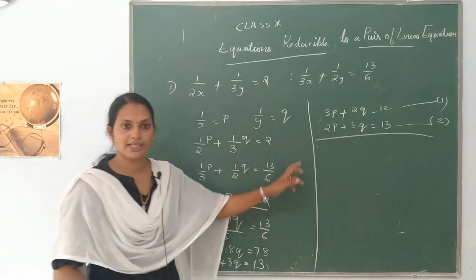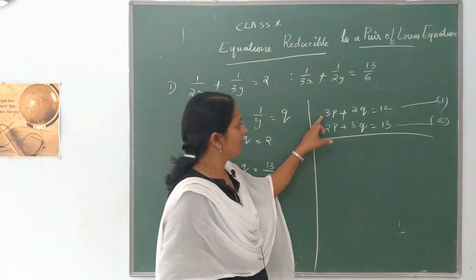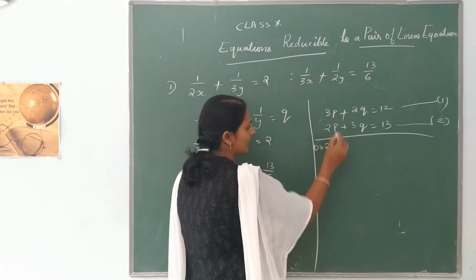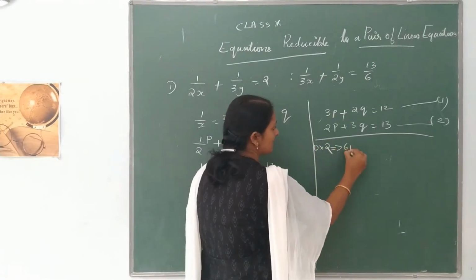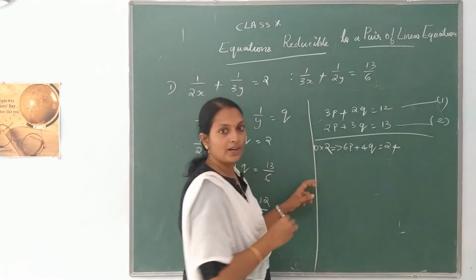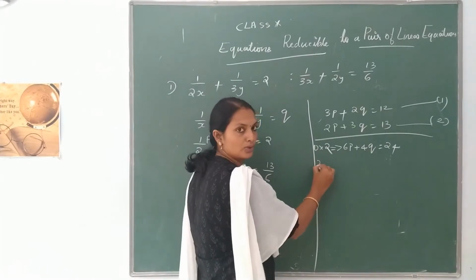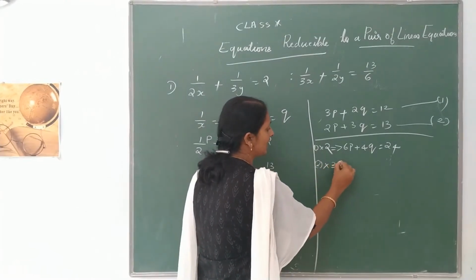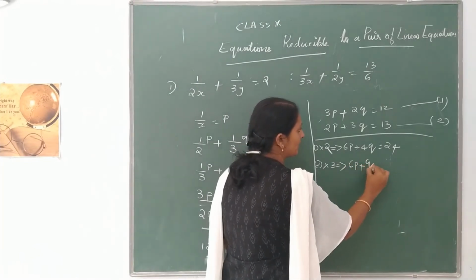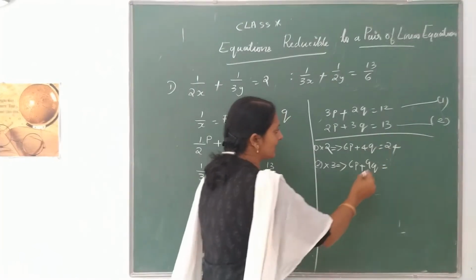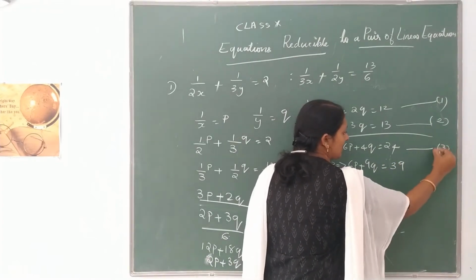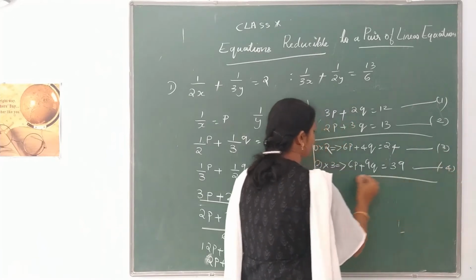Then using the elimination method, multiply 1 by 2, that is 6p plus 4q is equal to 24, and 2 by 3, that is 6p plus 9q is equal to 13 into 3, that is 39. This is equation number 3 and this is 4.